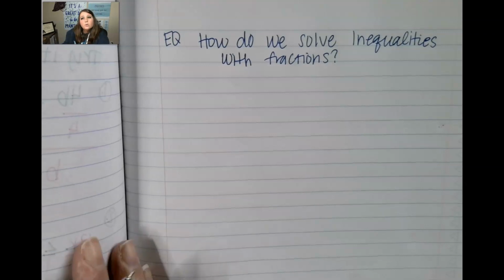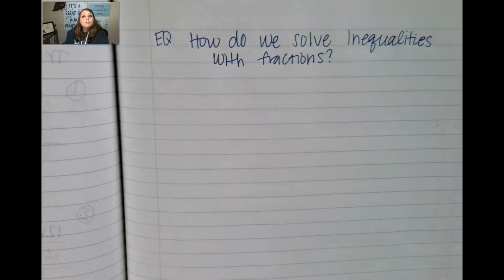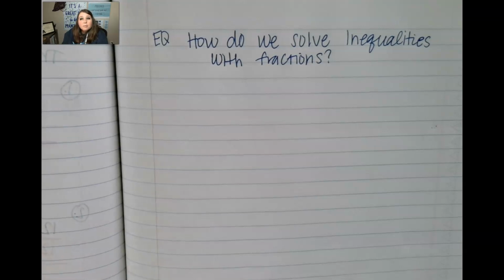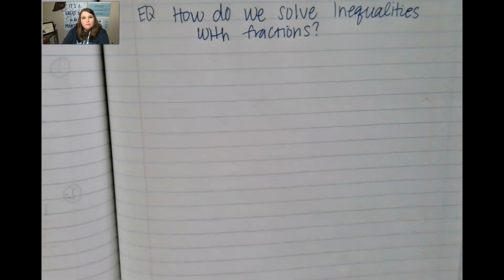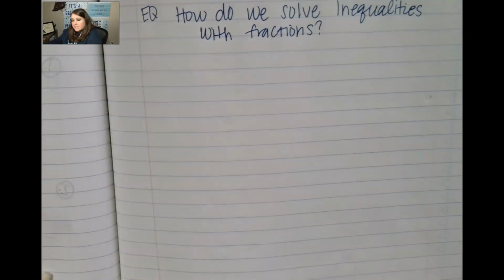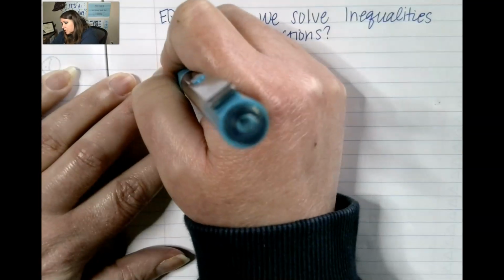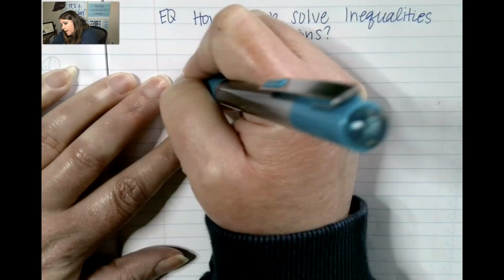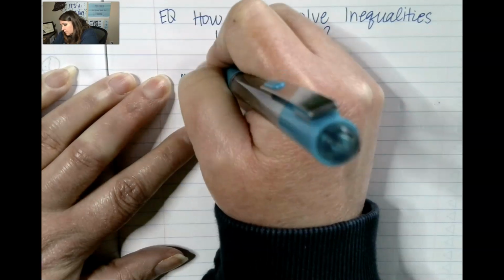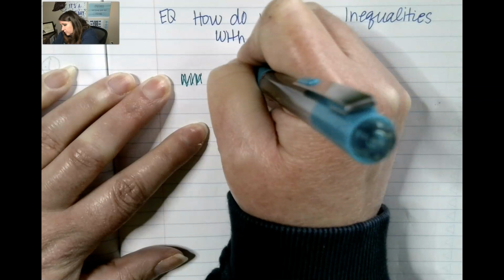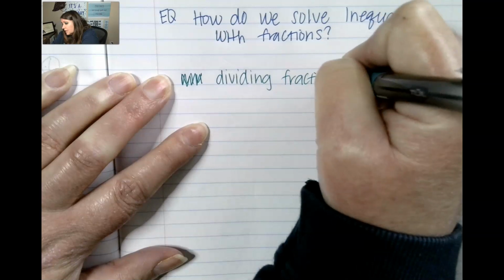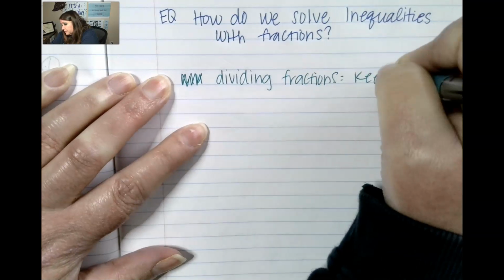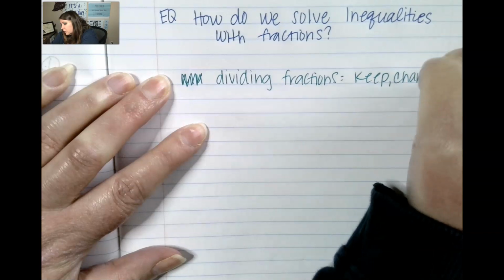Hi everyone, today we will be solving inequalities that have fractions. So they will be multiplying fractions and our job is to do the opposite operation, which is dividing fractions. If you remember from prior lessons, when you multiply fractions or when we divide fractions, we're going to use keep, change, flip so that we can find the reciprocal.